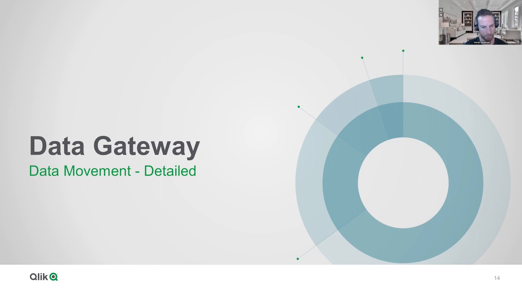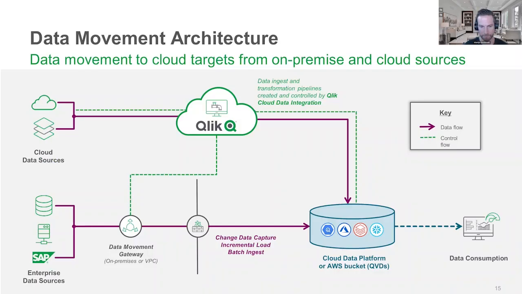Let's now look at the Data Gateway data movement. Again, you have your enterprise data sources at the bottom. You will install a data gateway, the Linux variety, on-premise. And the data gateway allows you to move your data from on-premise to a cloud target.